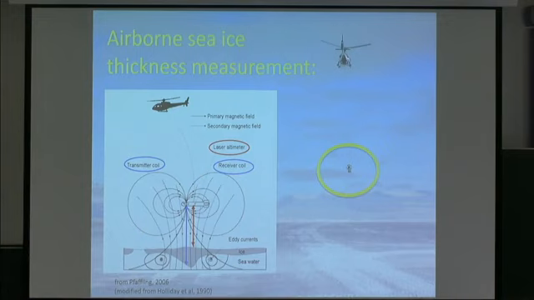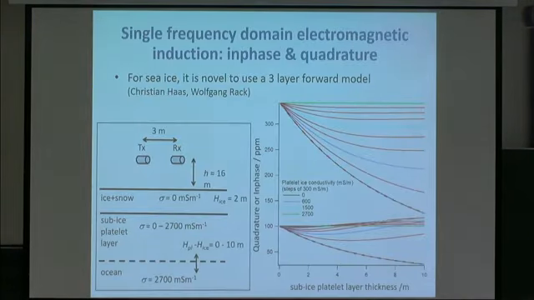So you know the distance from the transmitting coil to your conductor, which is seawater, and with a nice laser altimeter you also know the height that you are above the snow. So you subtract one from the other and hey presto, you can get sea ice thickness.